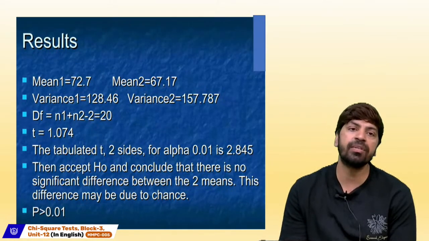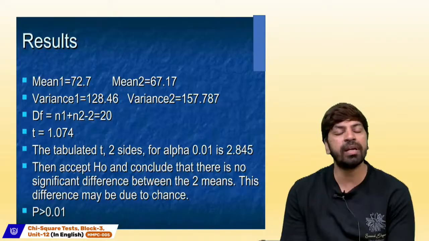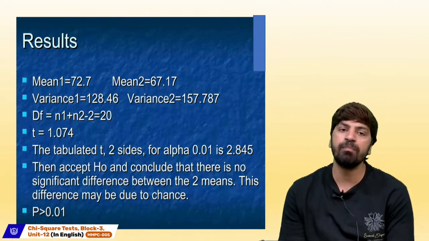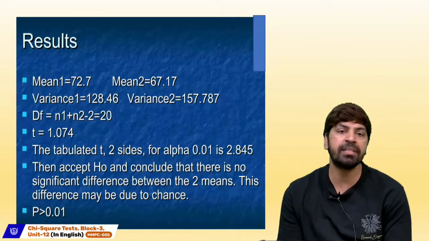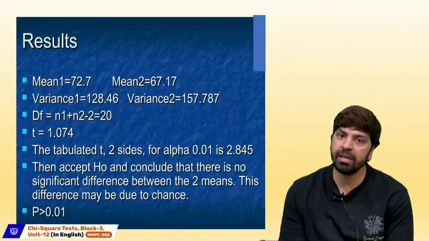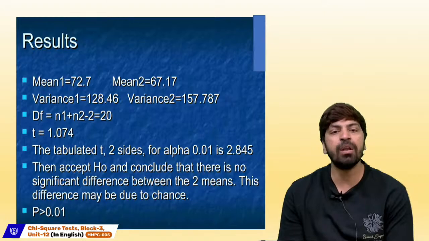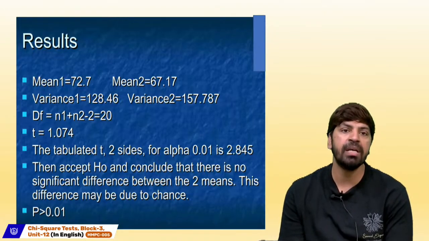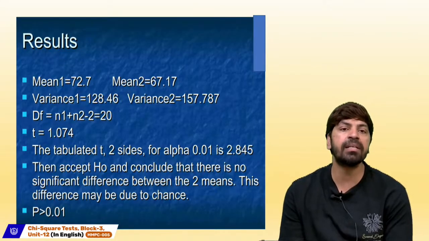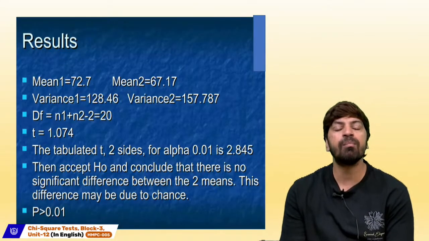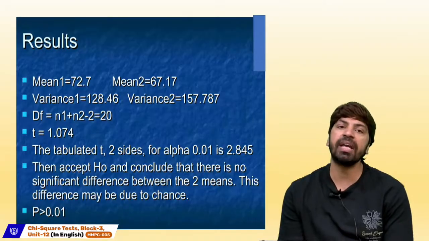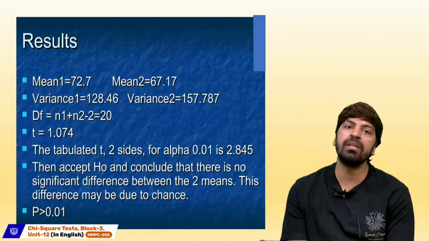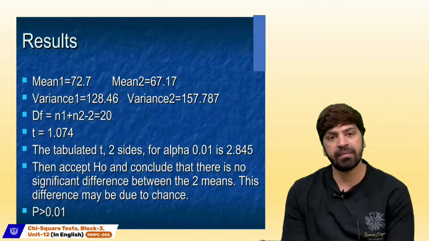And these are the results for the question with 10 males and 12 females. The mean of males is 72.7, and the mean of females is 67.17. The variance of males is 128.46. The variance of females is 157.787.